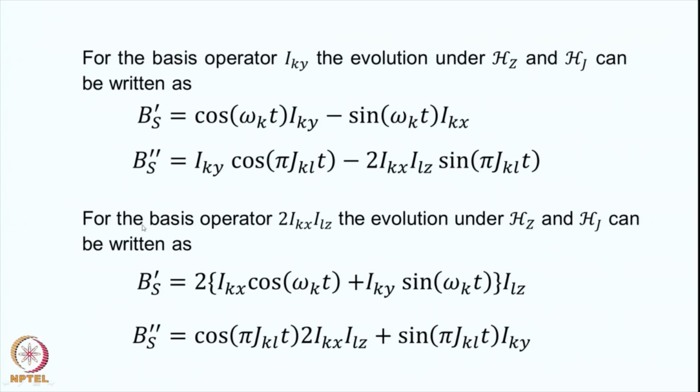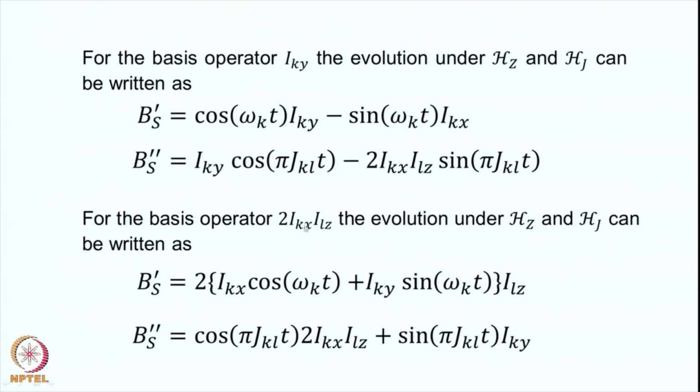Now, similarly we can do this exercise for the basis operator 2 Ikx Ilz evolution under Hz and Hj. Now, Hz works on individual spins, therefore, if I consider 2 Ikx Ilz, the transverse term here is Ikx.